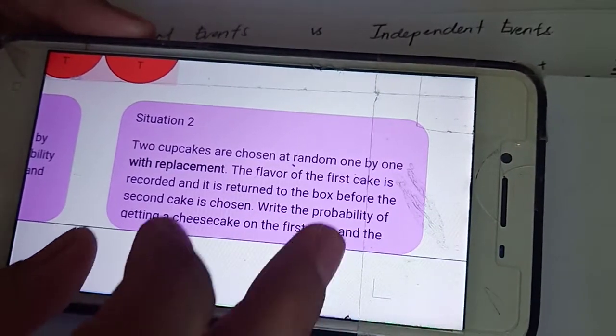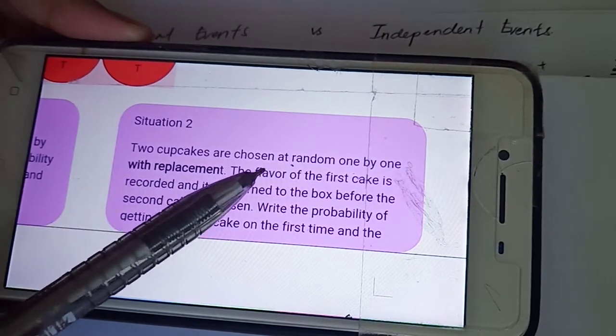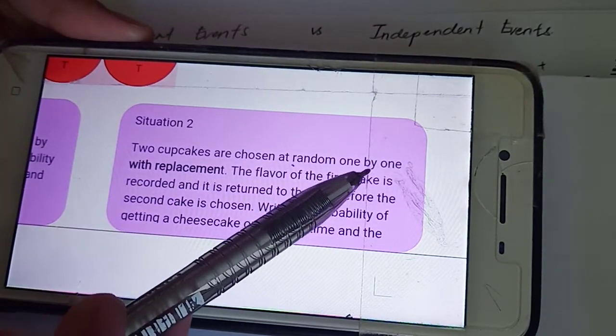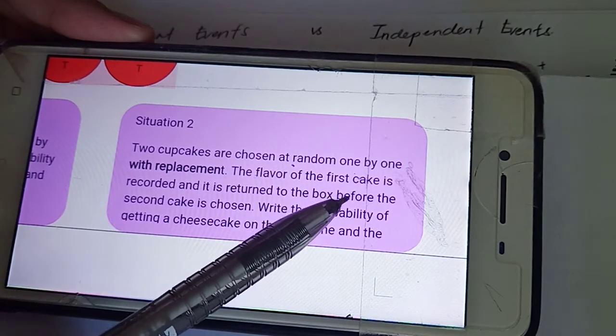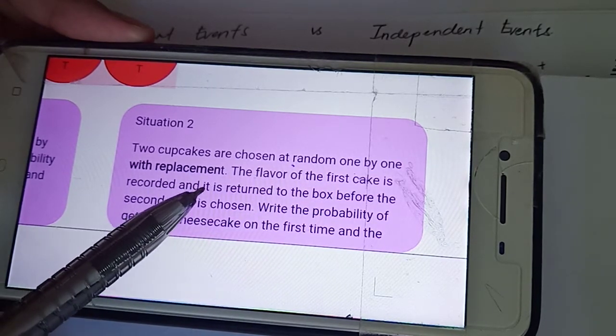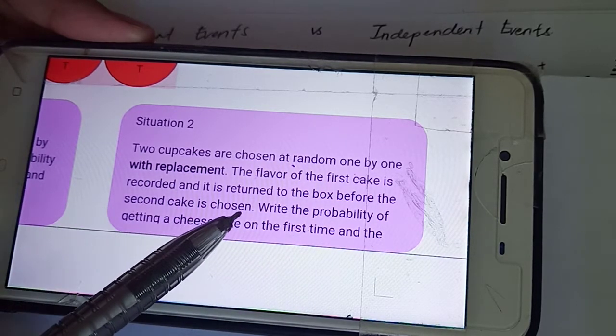Let's look at situation 2. Situation 2: 2 cupcakes are chosen at random, one by one with replacement. The flavor of the first cake is recorded and it is returned to the box before the second cake is chosen.